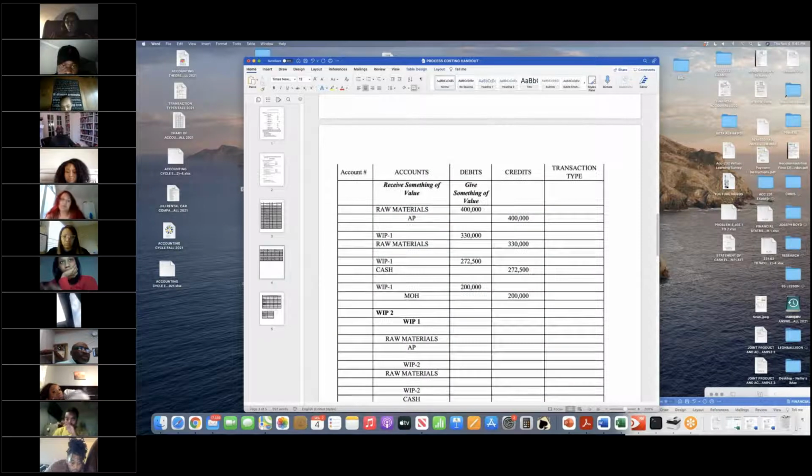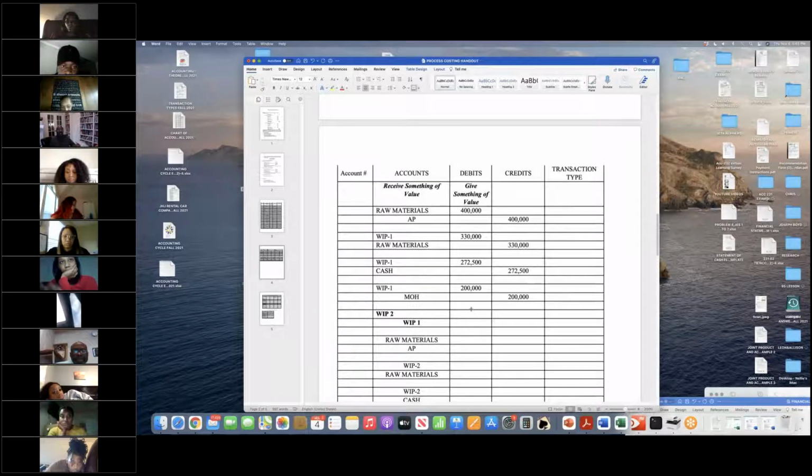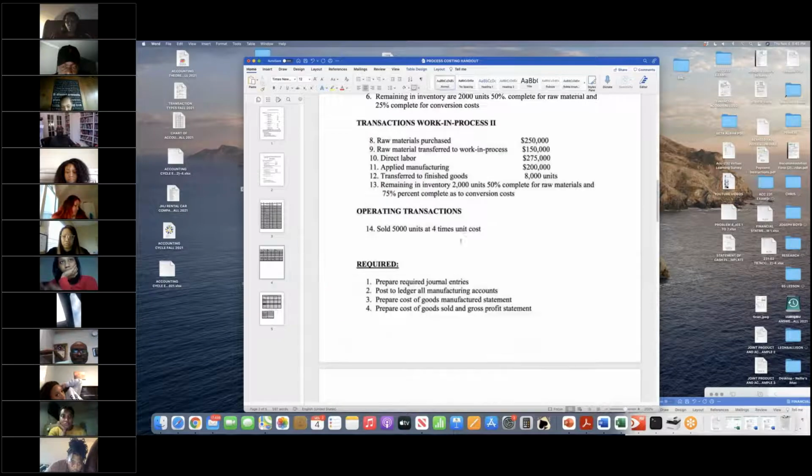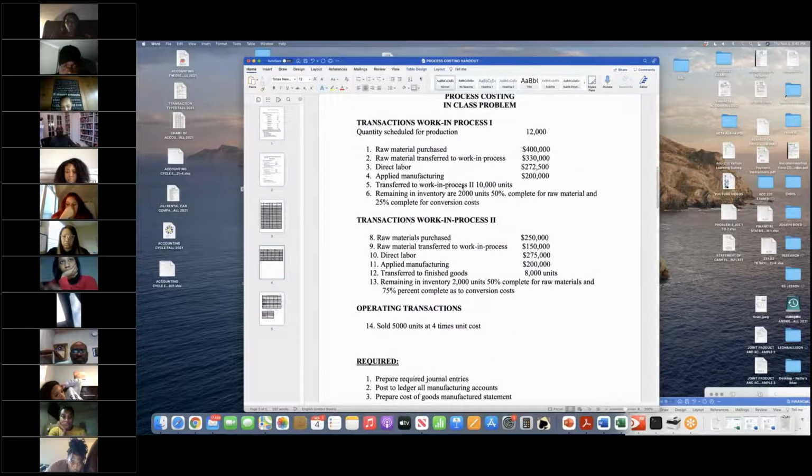So the question becomes, how do we determine this amount that's going to work in process 2? We're given this information: 10,000 units were complete, 2,000 units were only 50% complete for raw materials, and 25% complete for conversion costs.